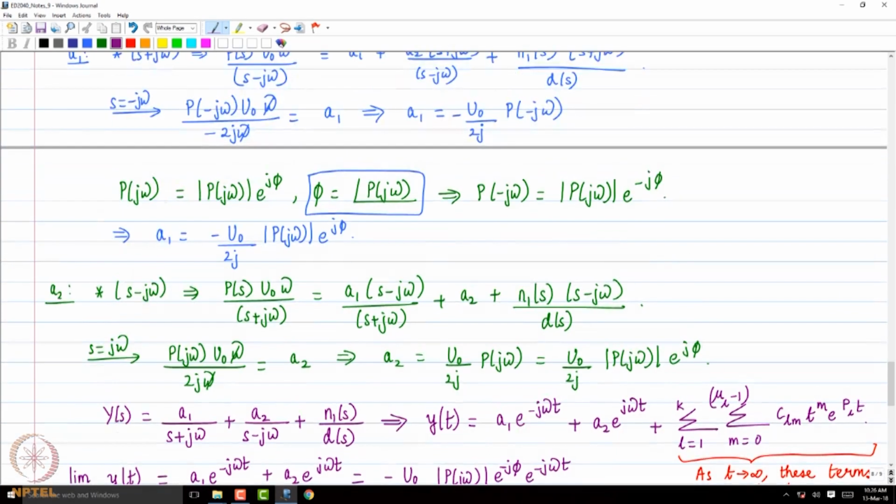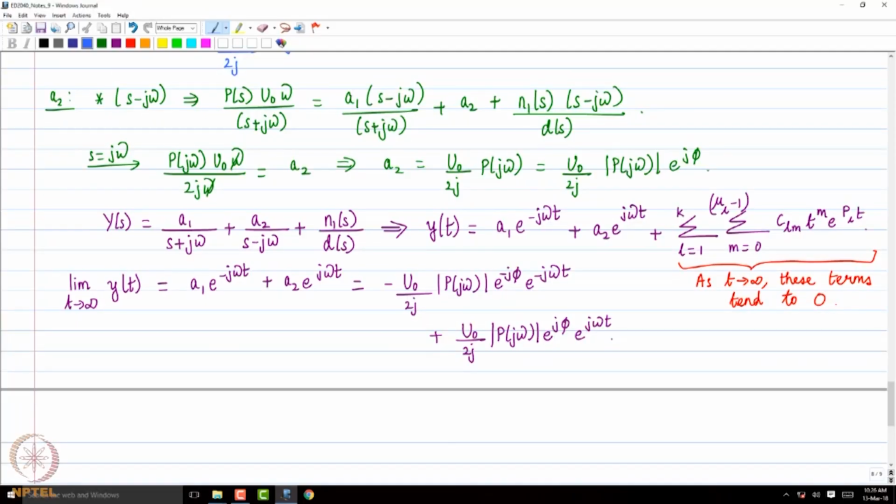Okay, so I think I made another small error here. This should have been e^(-jφ). Sorry, please go and correct the expression for a1. That should be minus u0 divided by 2j, magnitude of P(jω), e^(-jφ). So that's what we will get, right.